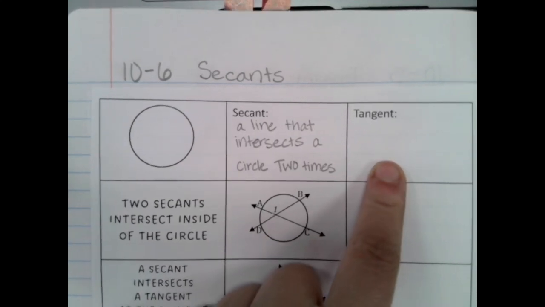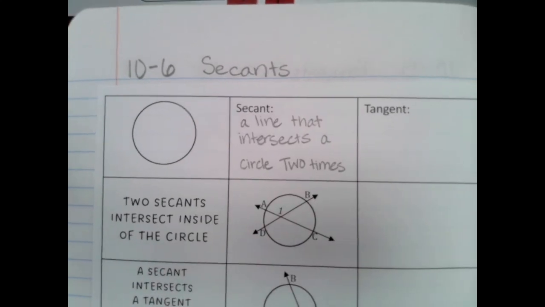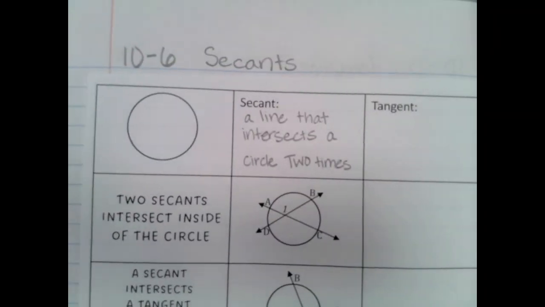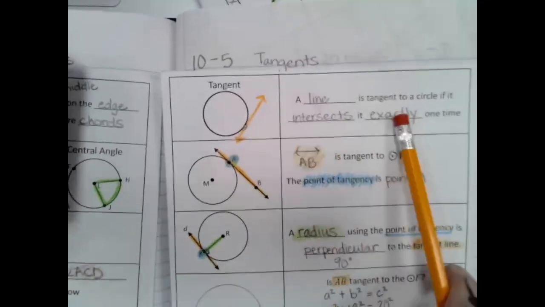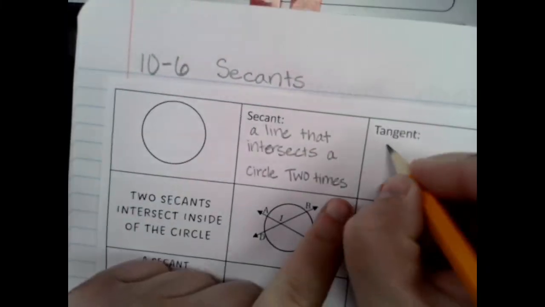Okay, so tangent, how many times does a tangent intersect a circle? What did we say yesterday? 1 time, yeah. We looked yesterday, a tangent is a line that is tangent to a circle if it intersects it exactly 1 time.